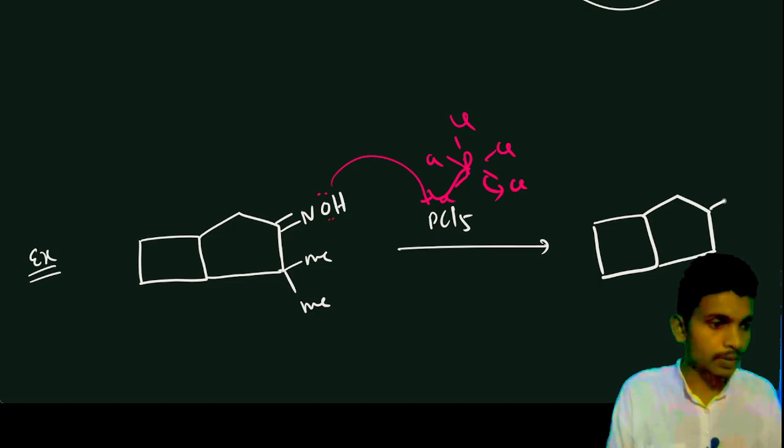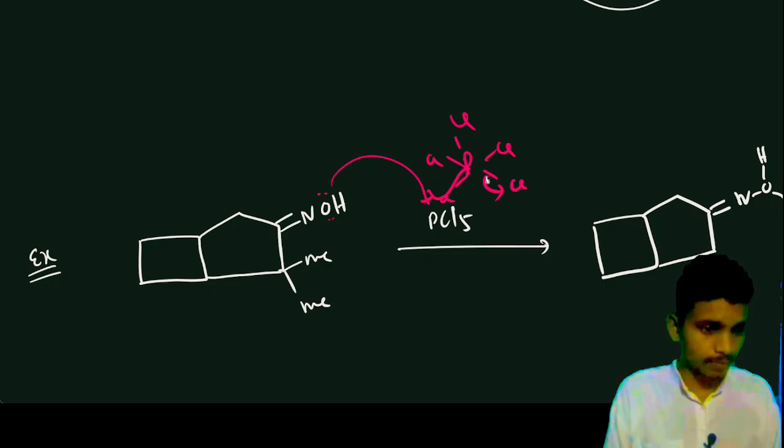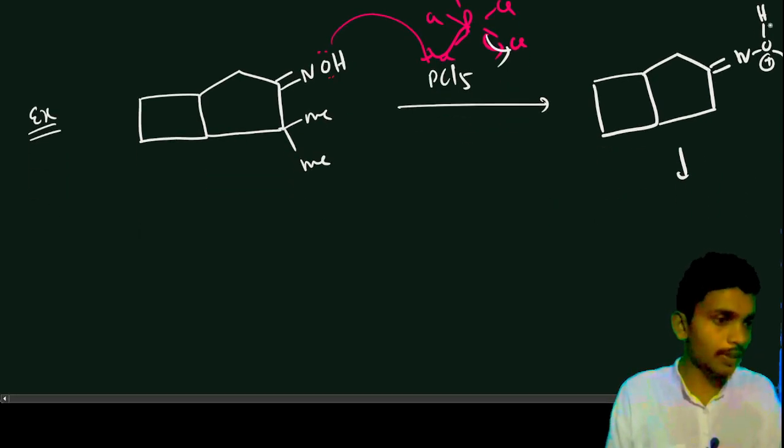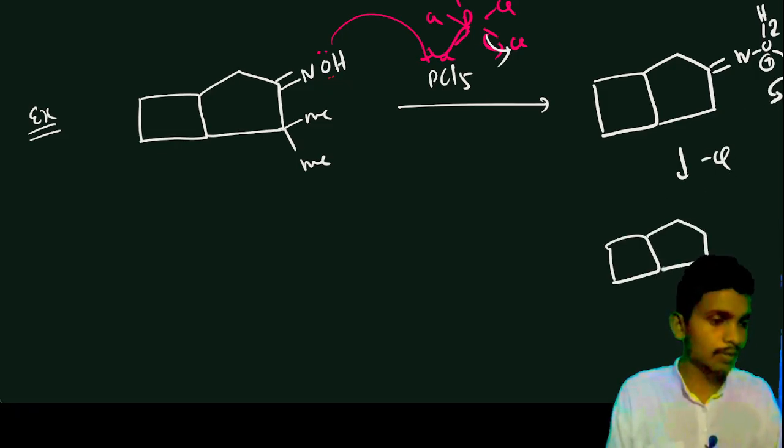This is going to be N, this is going to go, this H. And this is going to be P with Cl, Cl, Cl, and Cl, because one has left. Now this is going to be a positive charge. So this is going to give here, and one chlorine again leaves.